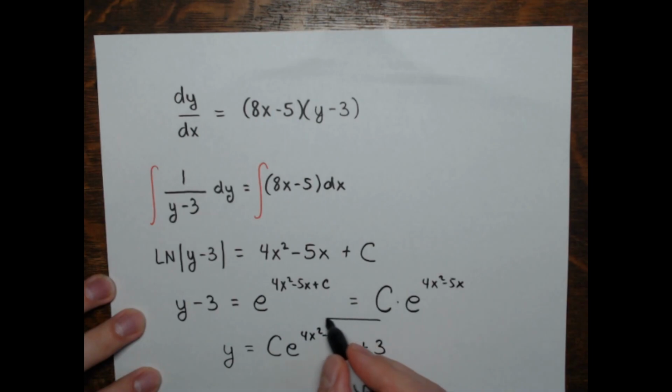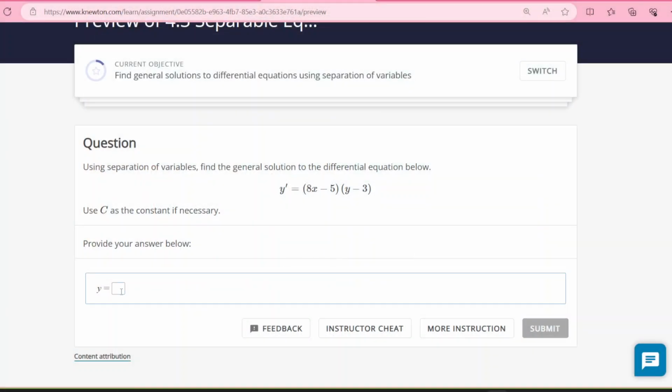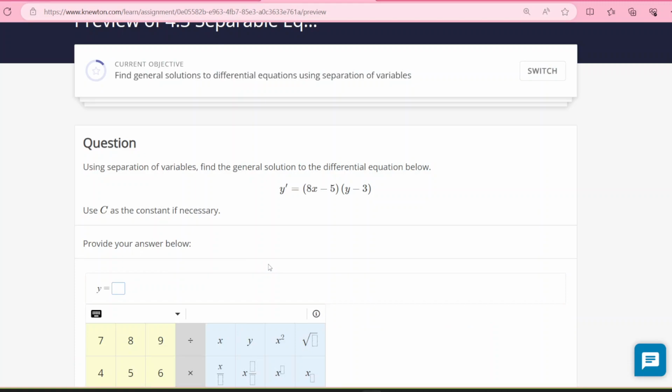And here we go. This is what I'm going to be typing. y equals some constant c times e to the 4x squared minus 5x power plus 3.